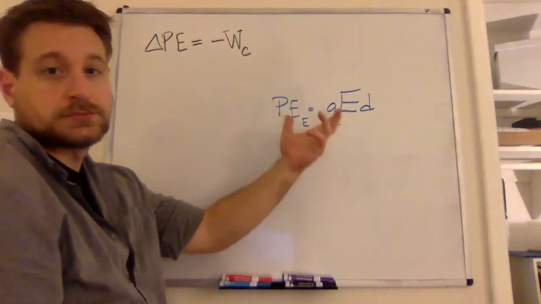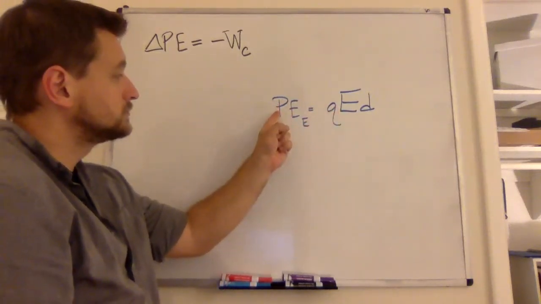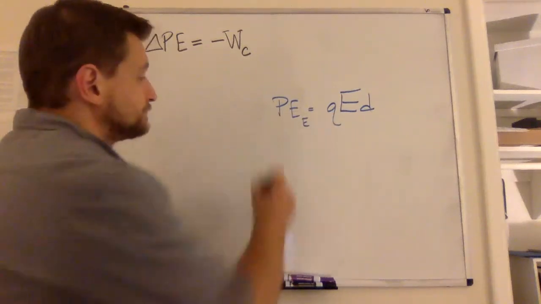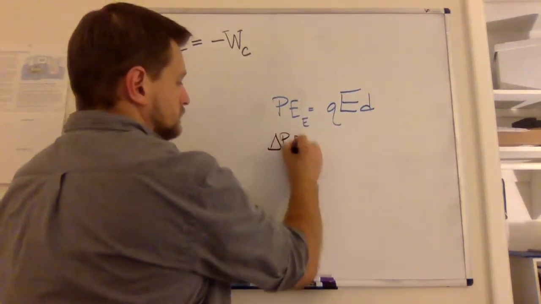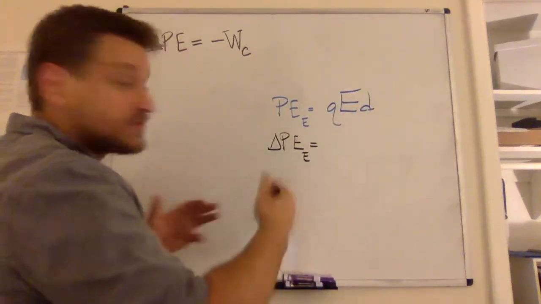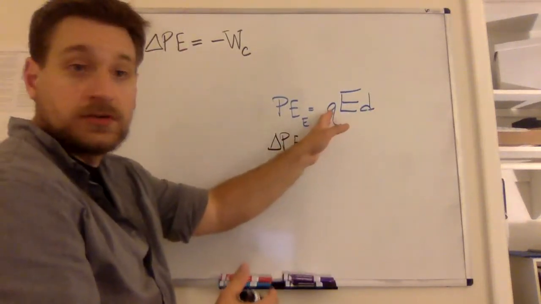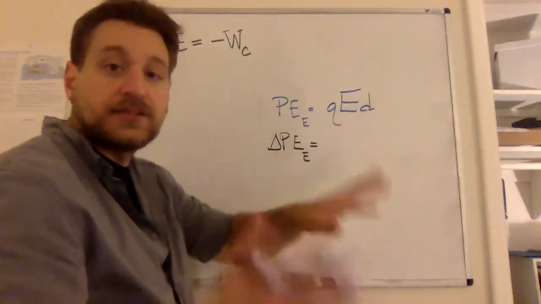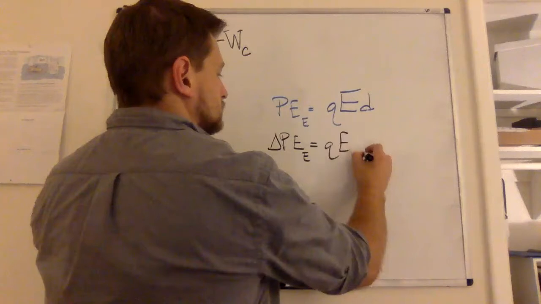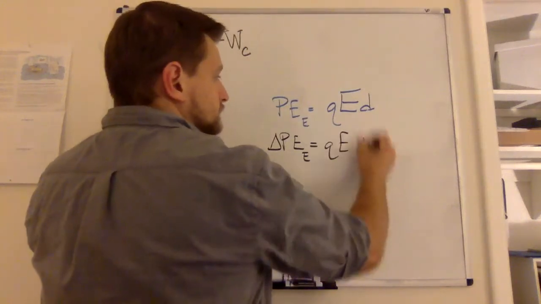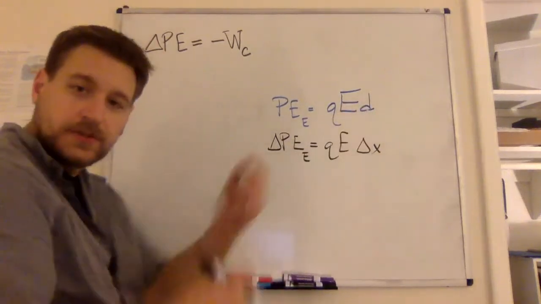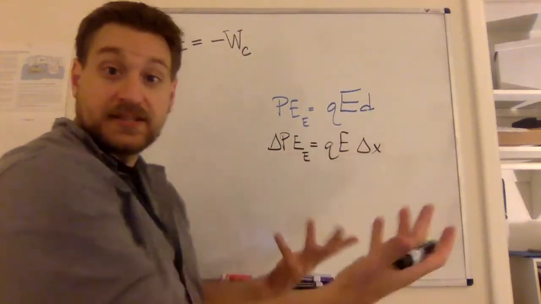Let's talk about the change in the electric potential energy, because we moved. Let's just say we're moving a charge Q in a constant electric field E for now. Instead of a position, we moved some distance, right?